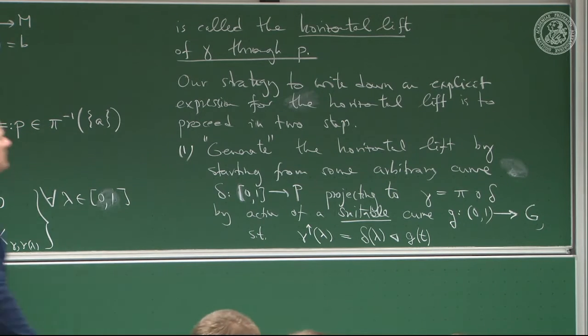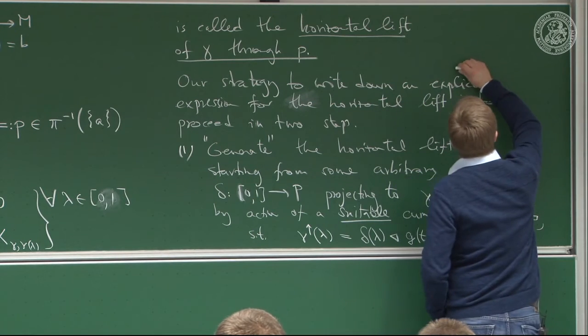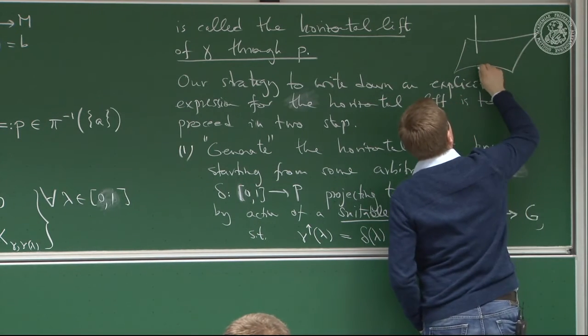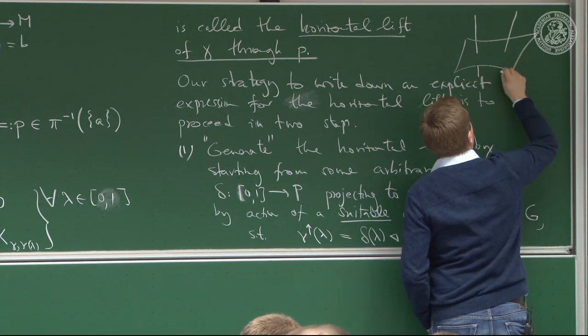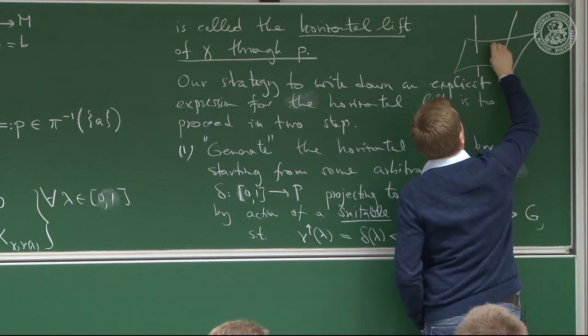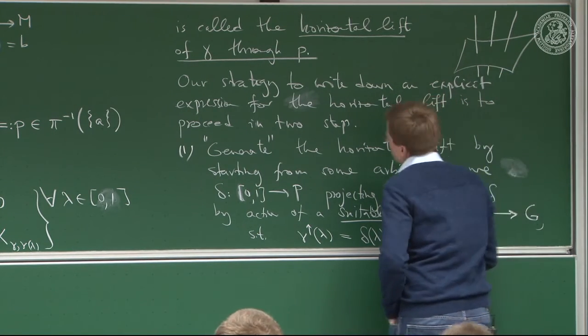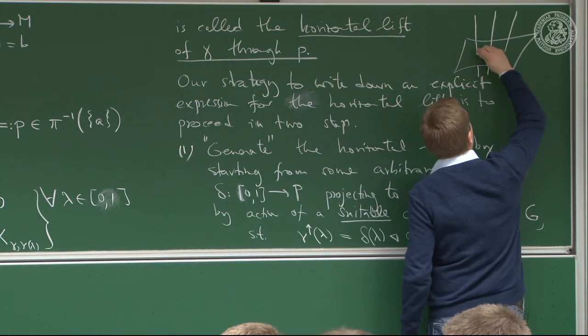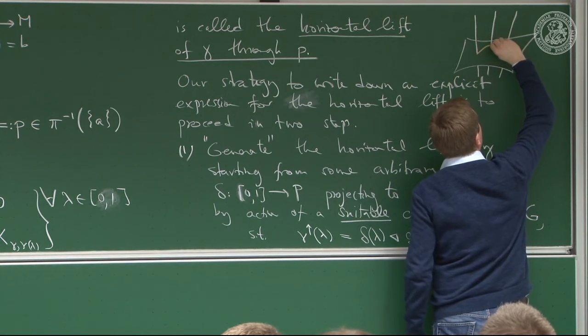So the idea is, if I draw this picture again, so this is again our principal bundle. So assuming that I have my curve gamma in the base space, so this is the curve gamma I wish to lift.